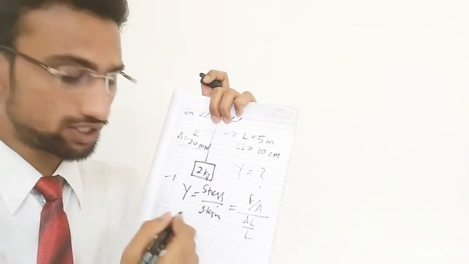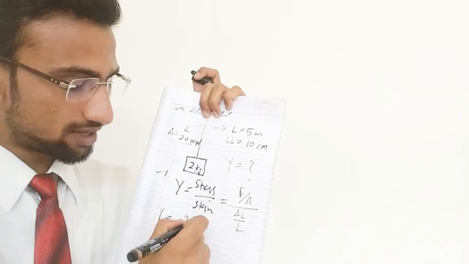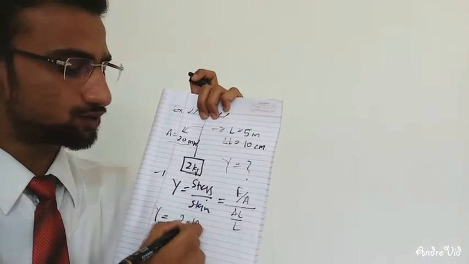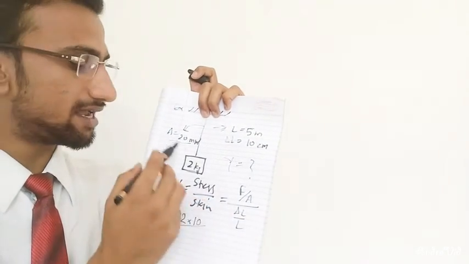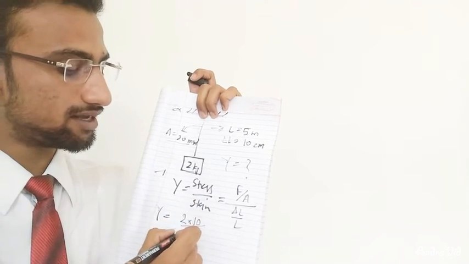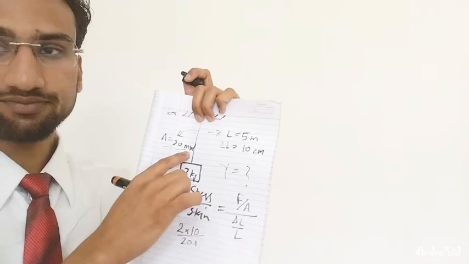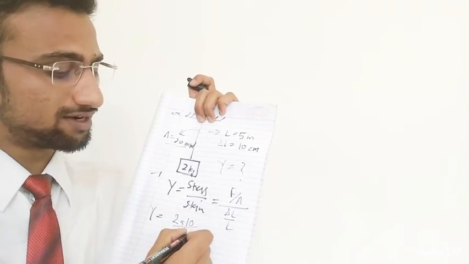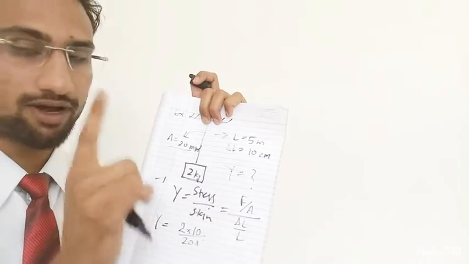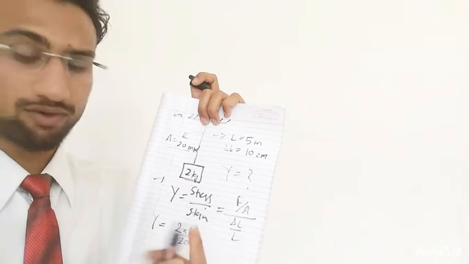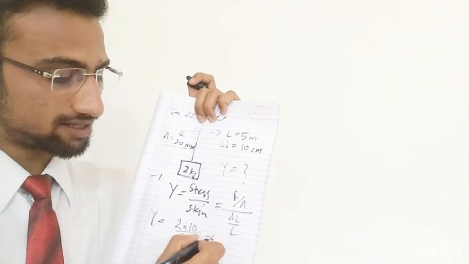Its weight will be 2 times g, and I'm taking g equals 10, upon the area. The area of cross section is 20 mm square. For 1 mm it's 10 power minus 3, and for mm square we get 10 power minus 6.